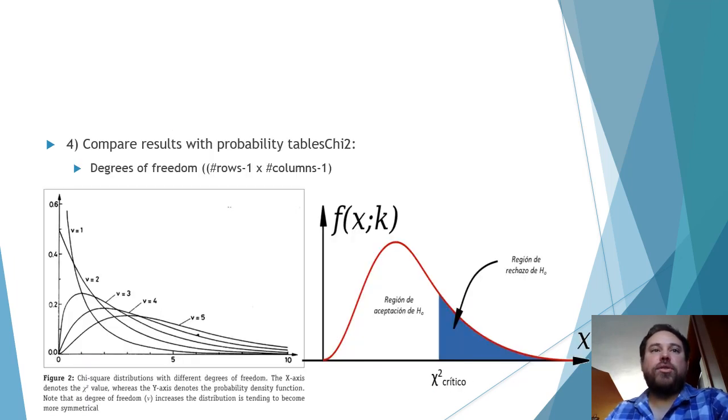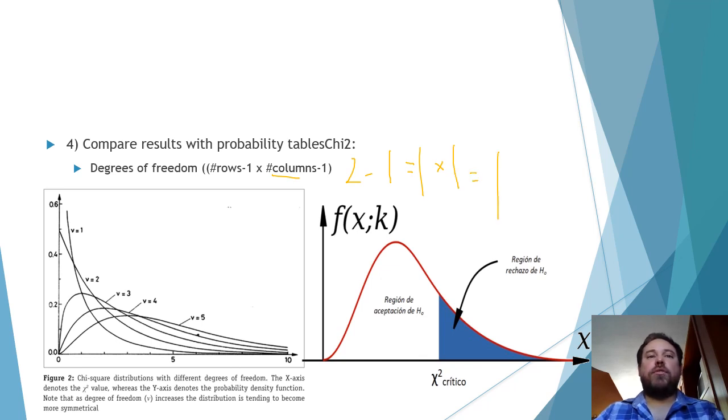We're going to compare these results to our probability table using chi-square. To do this, we have to know what our degrees of freedom are. The degrees of freedom are calculated using the number of rows, in this case 2 minus 1, which is 1, multiplied by the number of columns minus 1, that is also 1.